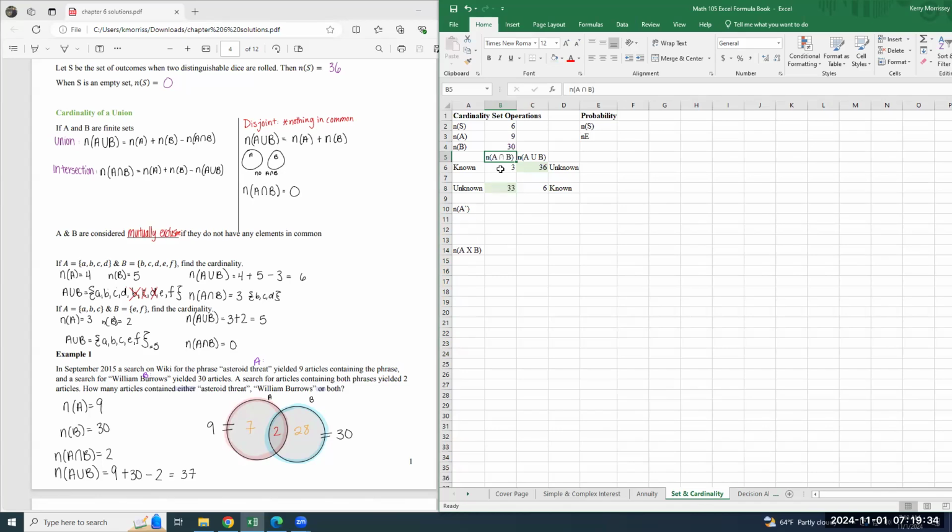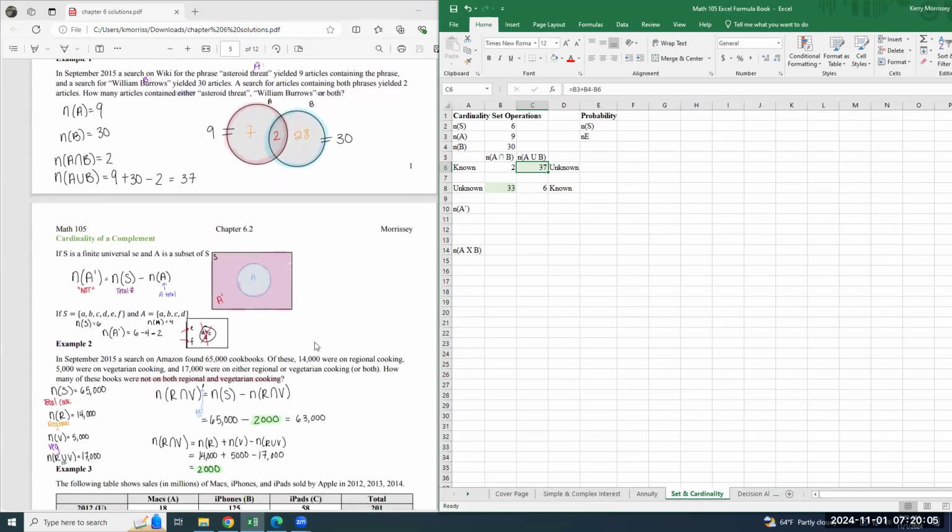Is that going in the or or the and? Well, both means and. So we know 2 of them will be over counted, repeated. Therefore, we will have 37 at the end. You need to figure out what is known or unknown, and whether you have an and or an or.